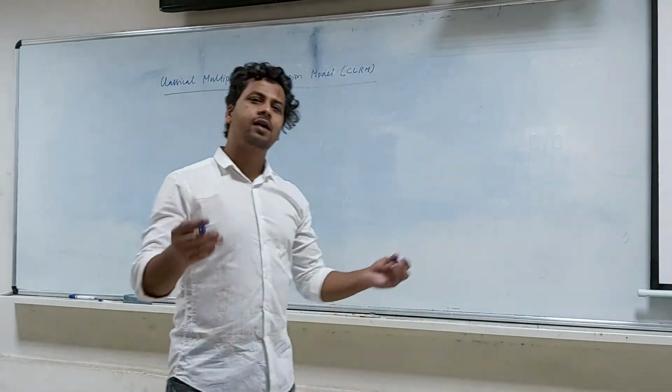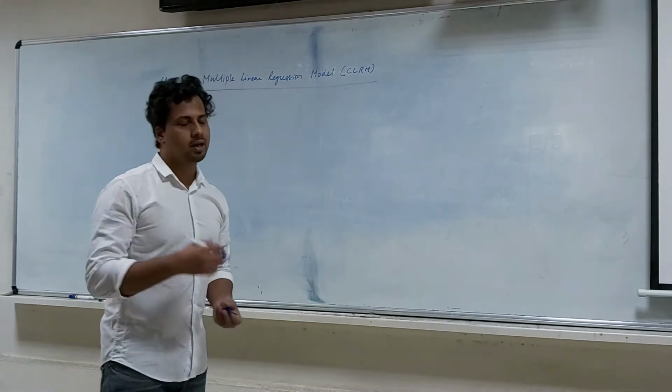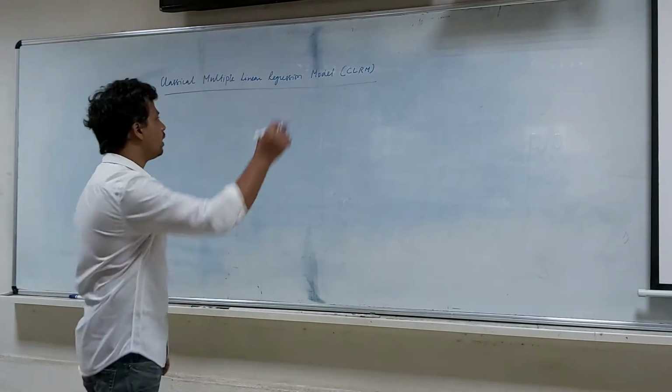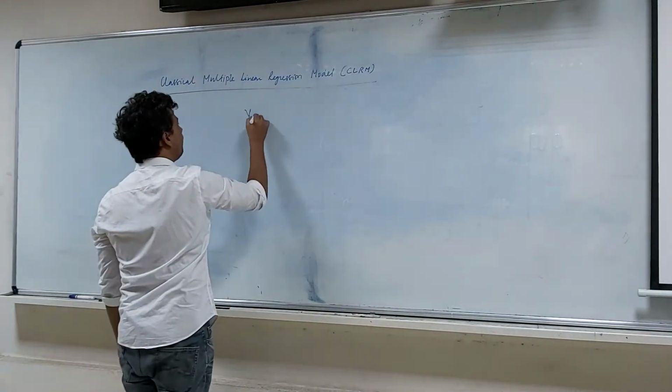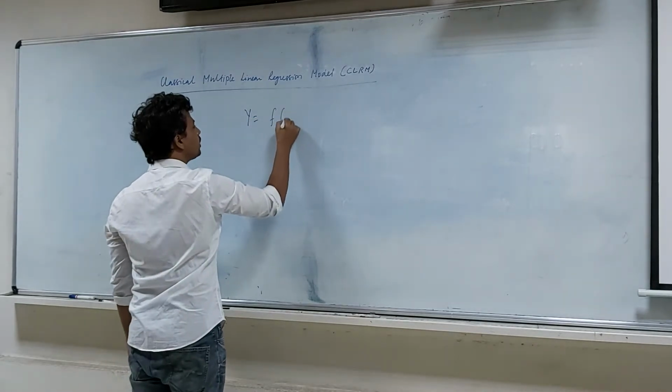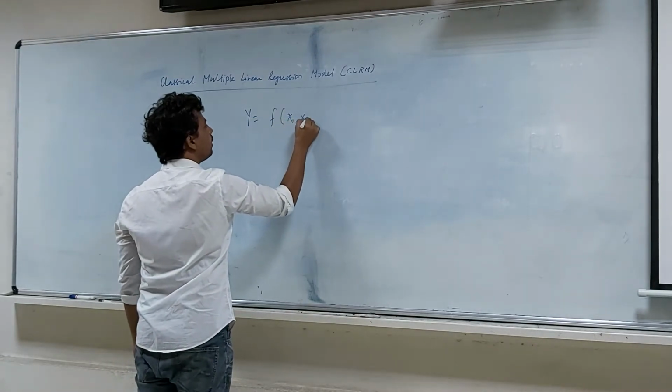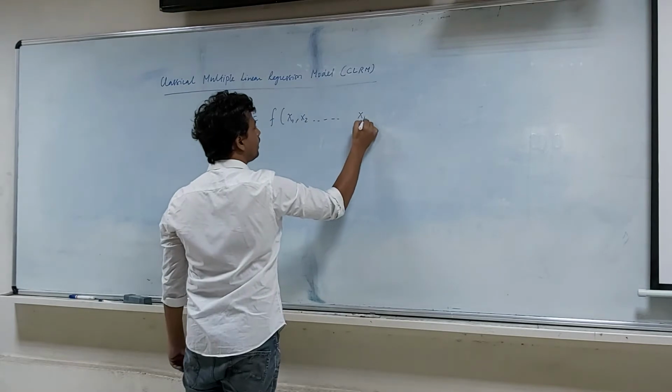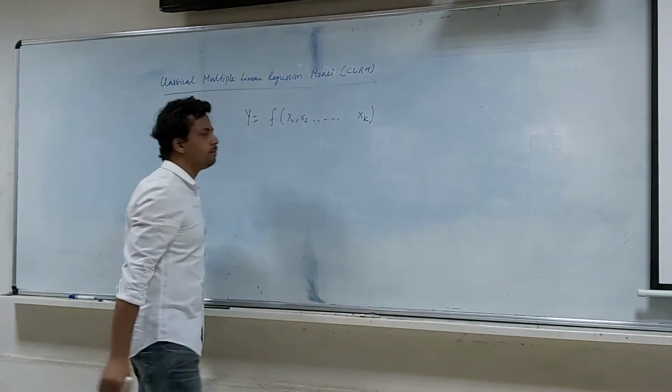The generic form of the classical multiple linear regression model is written as y is a function of x1, x2, and so on up to xk, if I've taken k such explanatory variables.